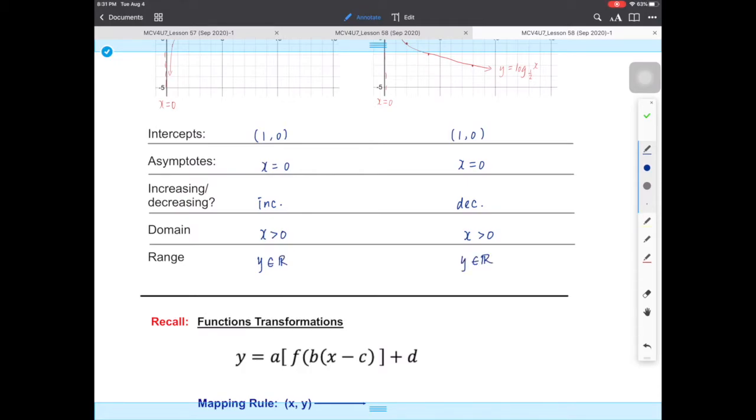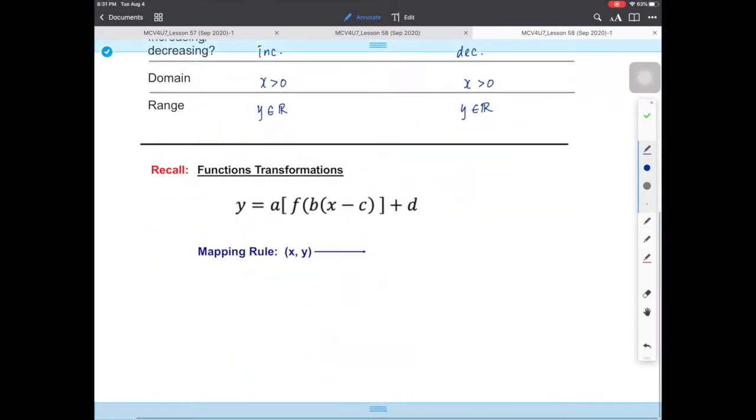And so you can recall the function transformations formula and apply the mapping rule when you need to graph any version of these log and exponential functions. So quickly recall, when the horizontal stretch factor b is factored out, the x values will be transformed based on x over b plus c.